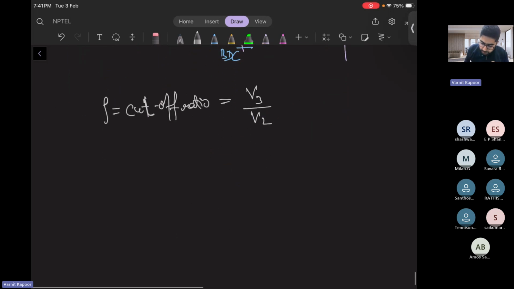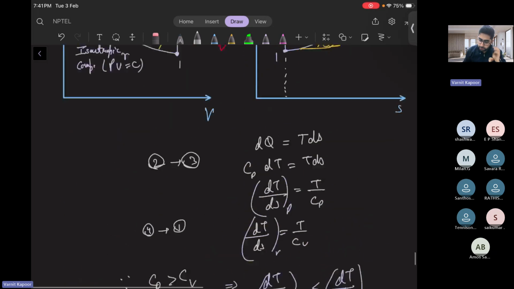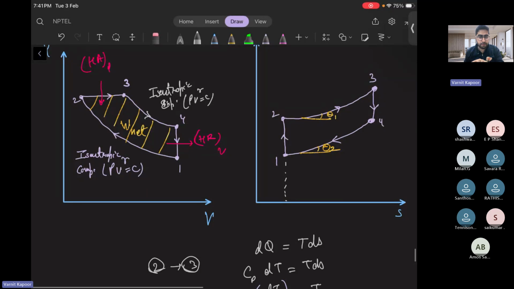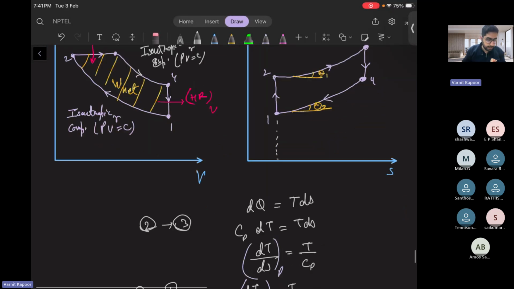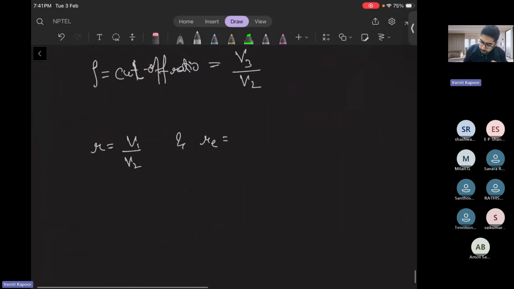We know that the compression ratio is V1 by V2, and the expansion ratio: from which point to which point is expansion happening? Expansion is happening from 3 to 4, so V4 by V3, higher by lower.